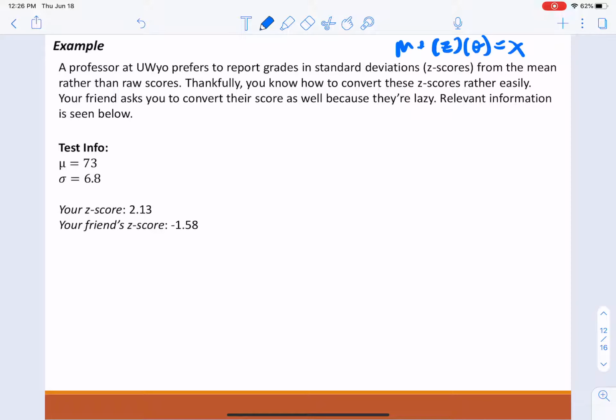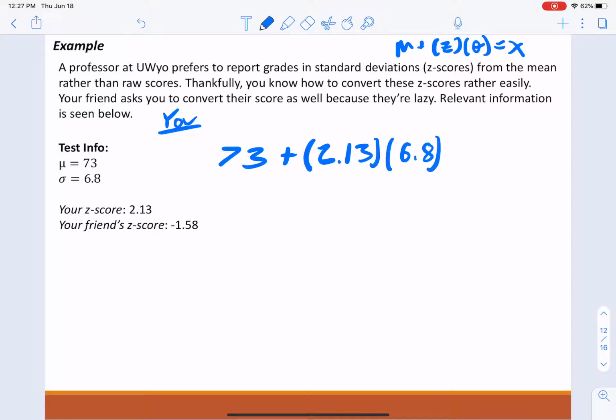Okay, easy enough though. So all we need to do is plug in the correct values. So the first one, this will be for you. Okay, so 73 plus your z-score times the standard deviation. Right, and that's just a product of moving some stuff around.